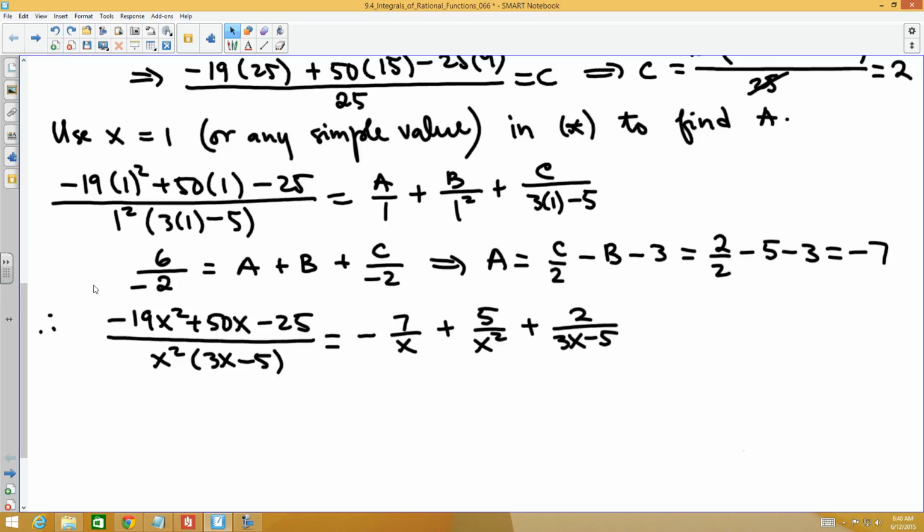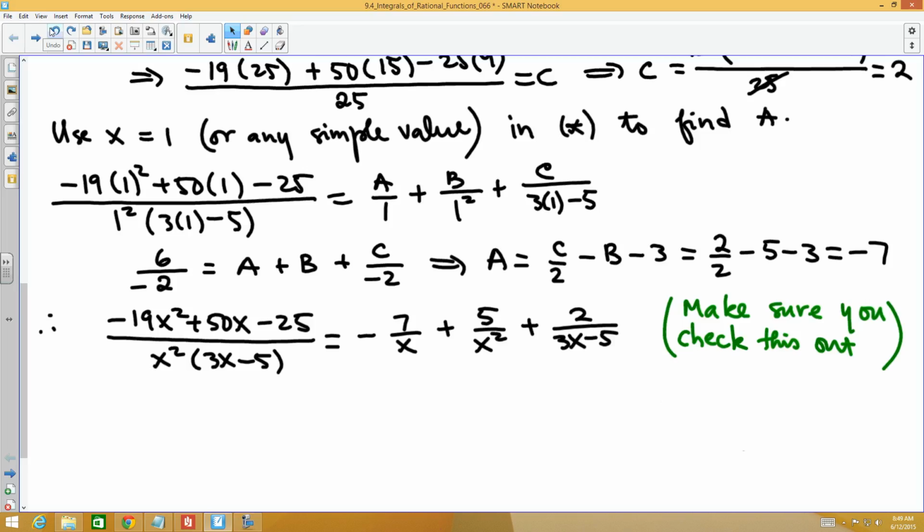And so integrating the rational expression on the left is the same as integrating this. That's exactly why we did the partial fraction decomposition. And I wrote here to make sure you check that this works. If you reduce the right-hand side to the common denominator, which is x squared times (3x minus 5), you get exactly the same numerator.